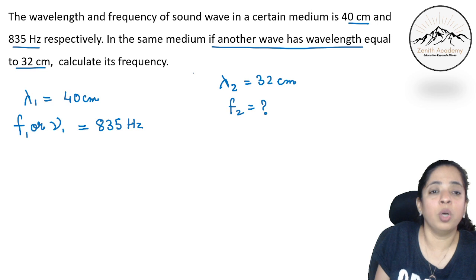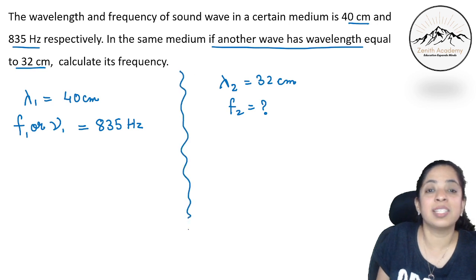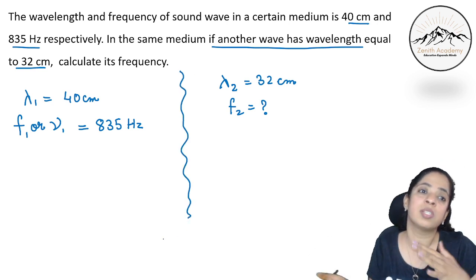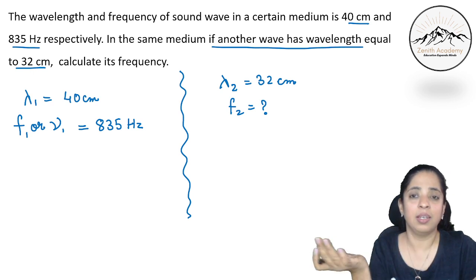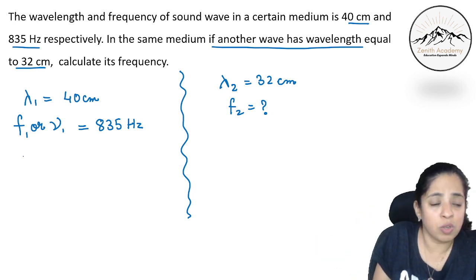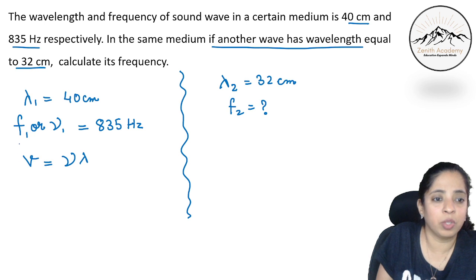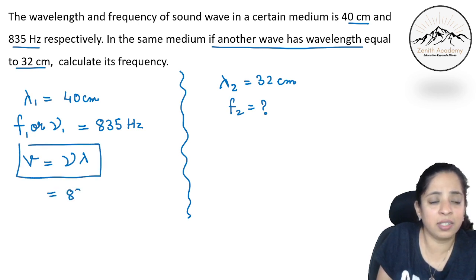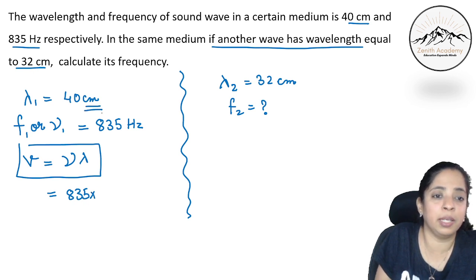So in both the mediums, what will be the same? Since the medium is the same, the velocity of this wave will be the same since the medium is not changing. So let's find the velocity. Velocity we know is frequency into wavelength. You know the formula, right? So this is 835 into 40 centimeter.